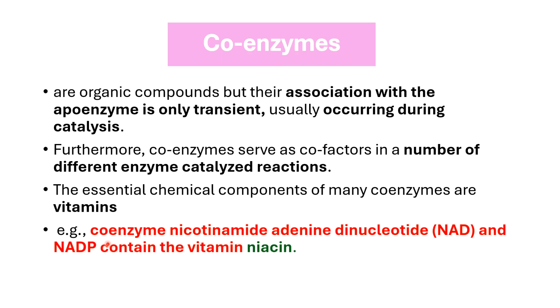Examples of coenzymes are NAD and NADP, and both of these contain the vitamin niacin. So that also is very important. The full form of NAD is nicotinamide adenine dinucleotide, and P is phosphate here, right? So what are coenzymes? Coenzymes are bound loosely, not tightly as with the prosthetic group. Coenzymes are bound loosely to the apoenzyme.